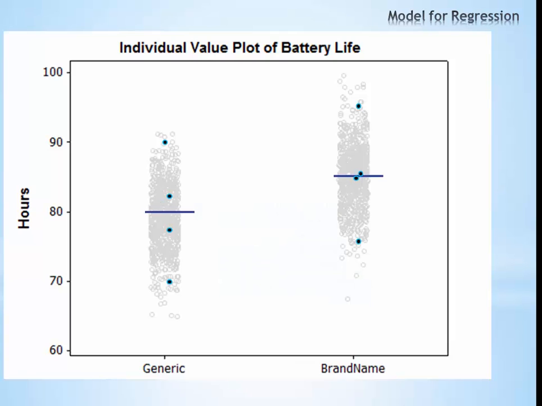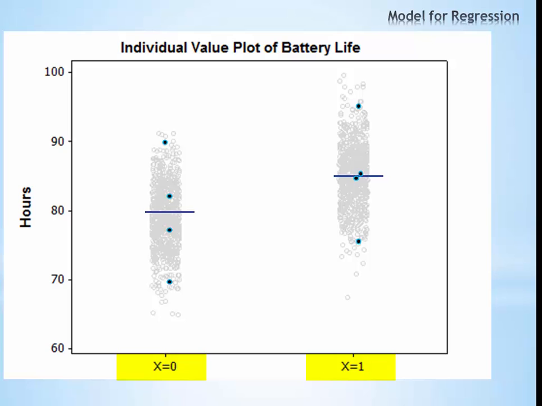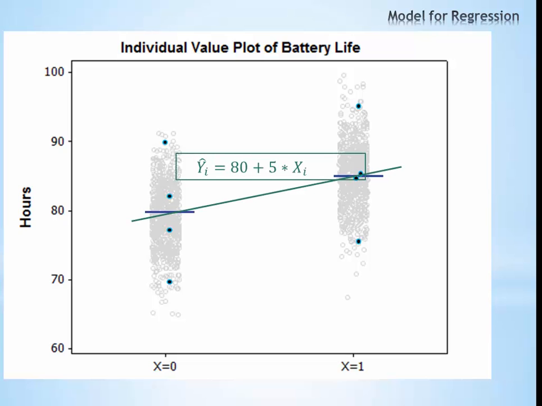If we look at this visually, we have our generic group and our brand name group. In regression, we define those as x equals 0 and x equals 1, and we create a regression line to fit our data. So in this example, if the mean of the generic group was equivalent to the mean of the brand name group, we would expect our sample data to demonstrate that the slope was essentially 0.